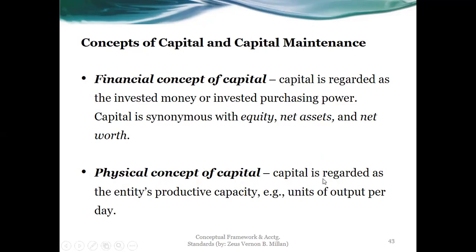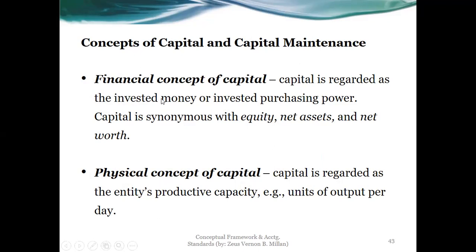If it is a service concern, for example a massage parlor or a barber shop, then it is the number of services sold per day. If the number of outputs at the beginning is lower than at the end, in terms of units of output produced or delivered per day, then there is profit. But if the opposite is true, then there's loss. So that's the difference between the financial concept of capital and the physical concept of capital.